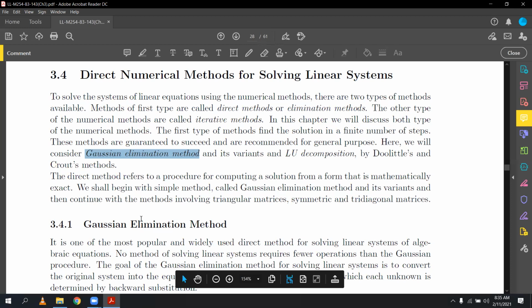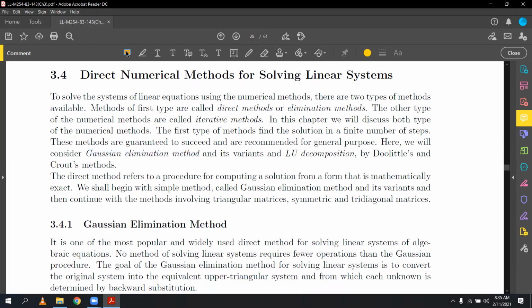Now, Gauss elimination has two steps. We are always given the augmented matrix, and I told you what the augmented matrix is: A and B, where B is your right hand side.